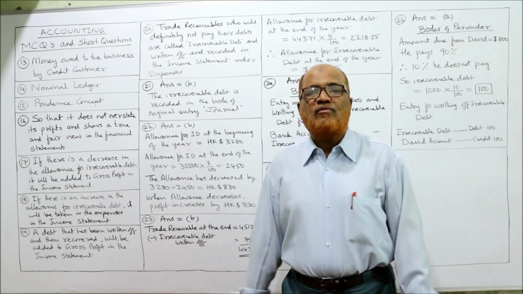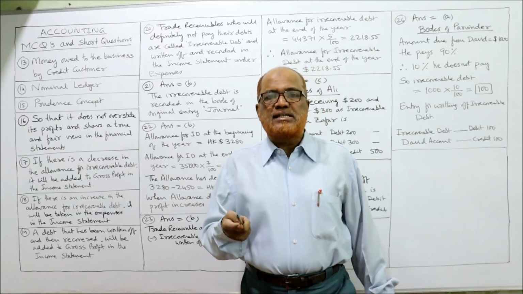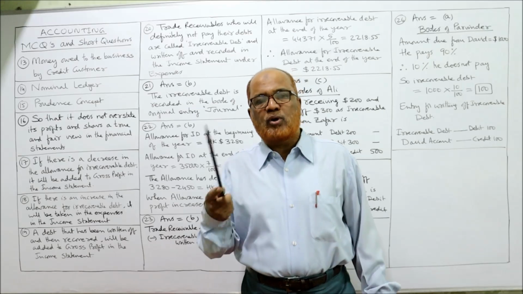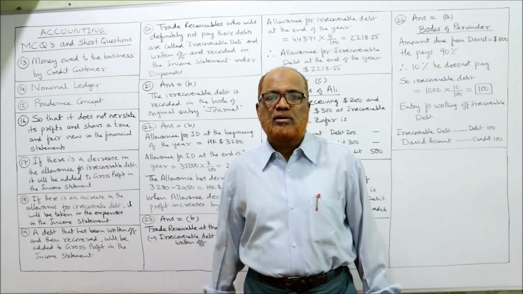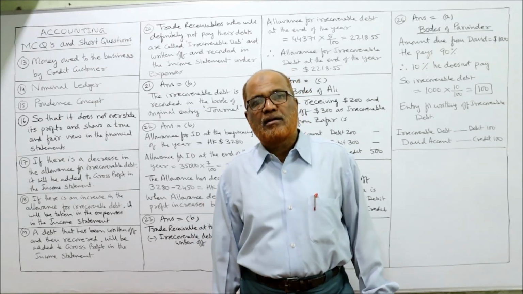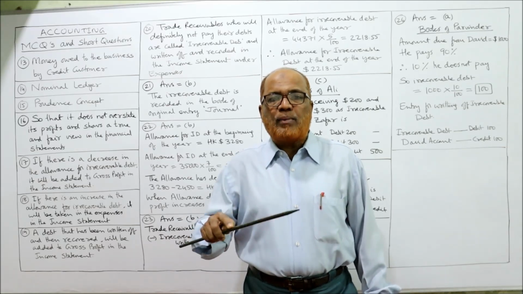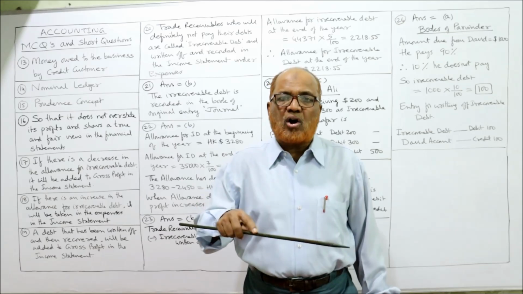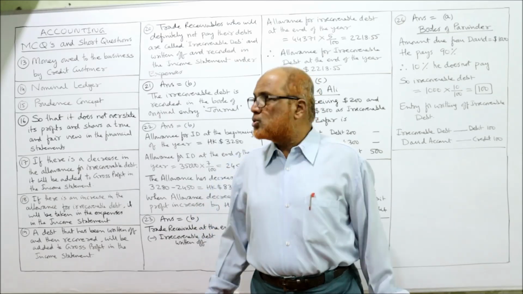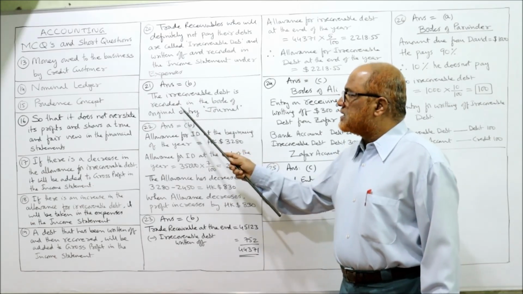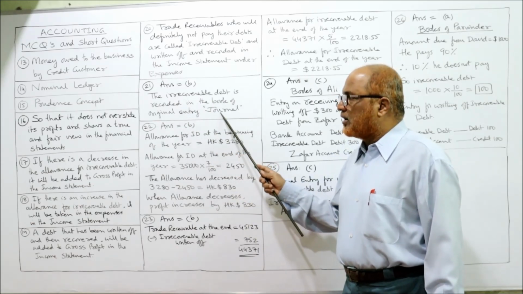There are different books of original entry like sales day book, purchase day book, sales return day book, purchase return day book, cash book, petty cash book, and last one, journal. So the answer is B: the irrecoverable debt written off is recorded in the journal.